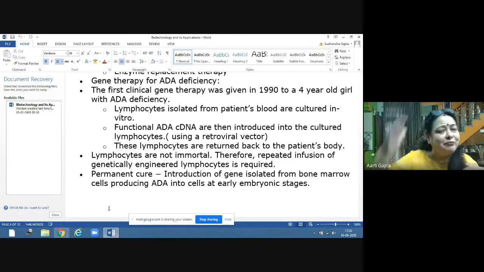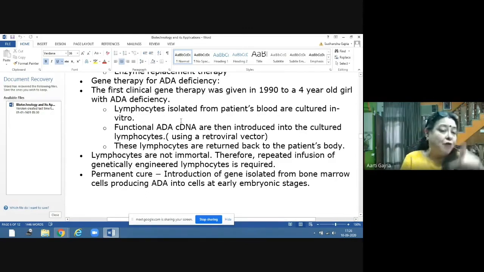If we can introduce the bone marrow cells which have the genes producing the ADA, then it can be a permanent cure for the lifetime, because those bone marrow stem cells are going to produce the lymphocytes B and lymphocytes T in the patient's body. So that is the permanent cure.